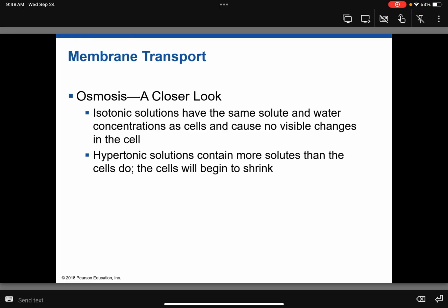Okay, hypertonic solutions contain more solutes than the cells do, and the cell begins to shrink. The cell begins to shrivel up because more water is leaving the cell than is entering the cell.